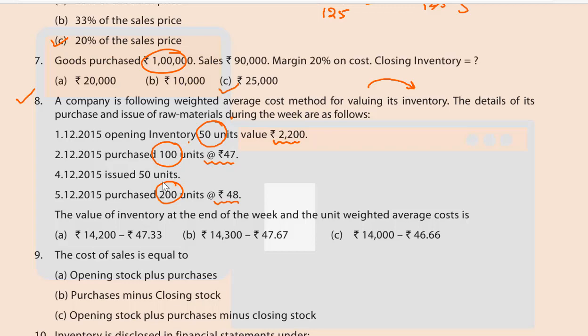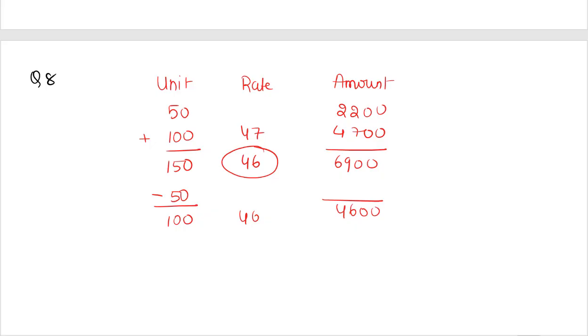After 50 units issued, 200 units are purchased at 48, 9600. So 300 units in total.